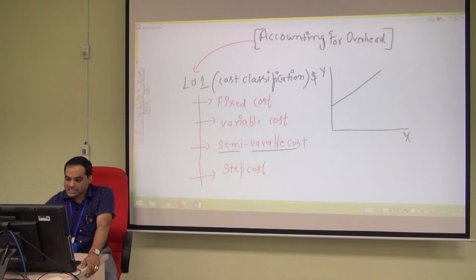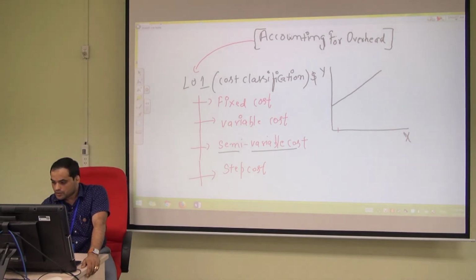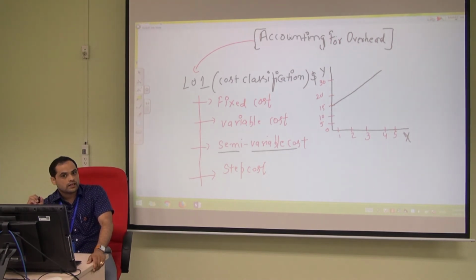So what does it mean? It means from the 0 point, let's say it's 5, 10, 15, 20, 30. So let's say 1, 2, 3, 4, 5. From 0 to 15, right?